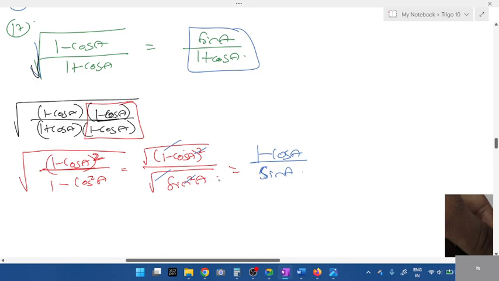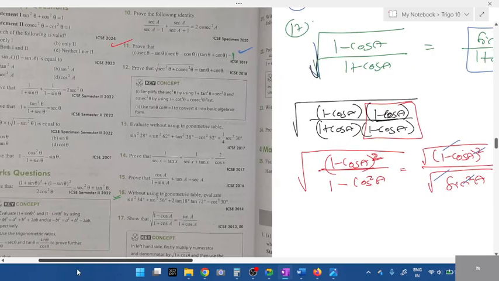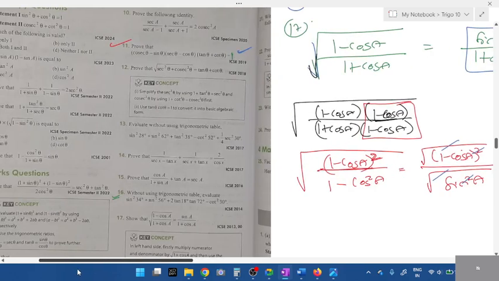No, you can't rationalize. Or no, the question is also correct. Sine A by.